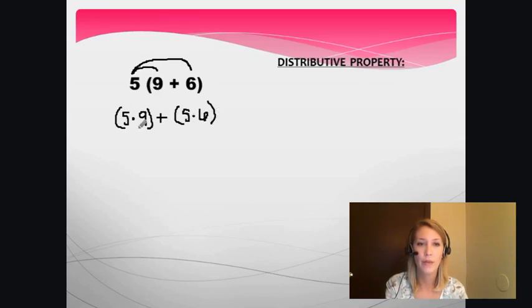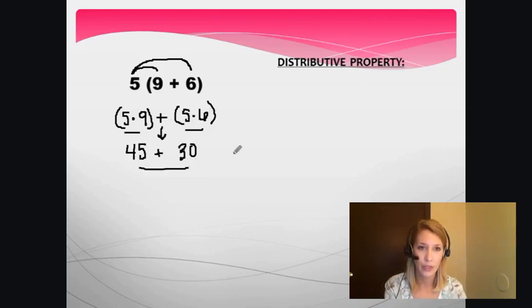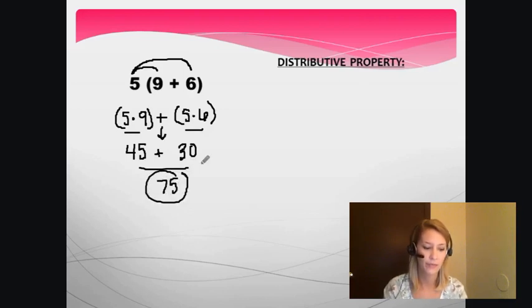Still using the order of operations, I'm going to simplify what 5 times 9 is, which is 45. And I'm also going to simplify what 5 times 6 is, which is 30. I'm going to drop down my operation, which is addition. Now I'm left to simplify 45 plus 30, which equals 75.